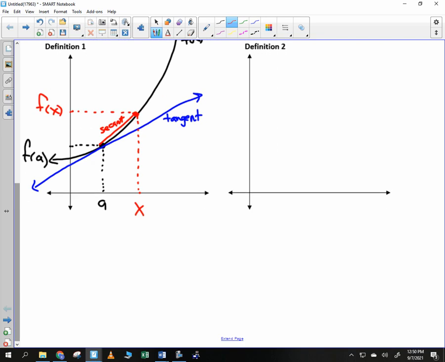So I have 2 points. Let's do y sub 2 minus y sub 1, divided by what?